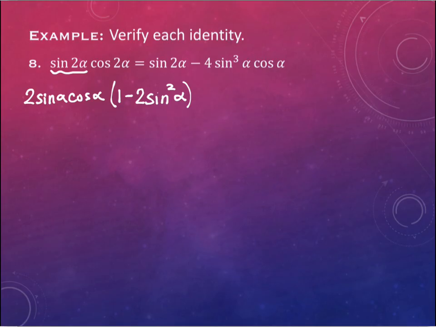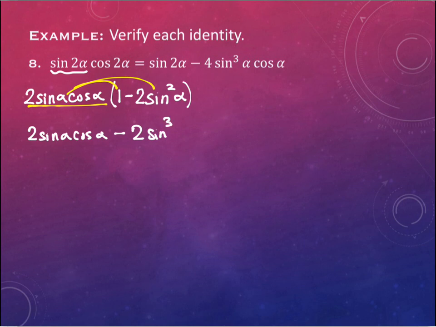So this is going to have this piece now distributed across here. So if I do that, I'm going to have 2 sine alpha cosine alpha, and then I'm going to have minus 2, and then there's going to be sine cubed because there's 3 sines, and then a cosine of alpha. That's a 4. 2 and 2 make 4 there.